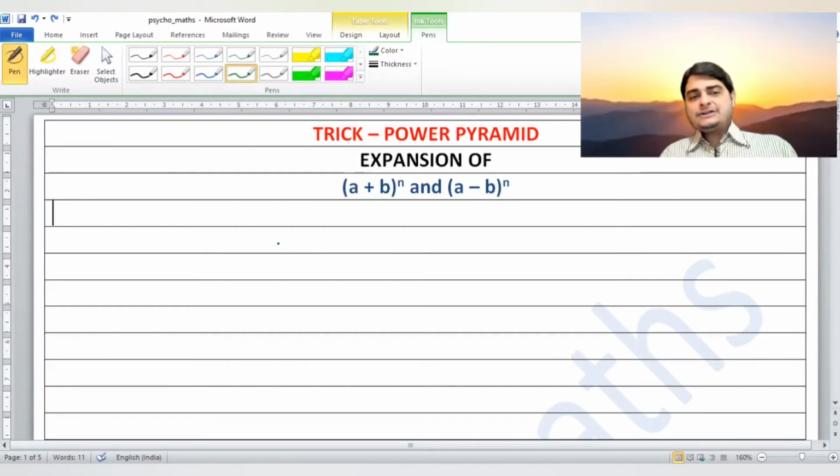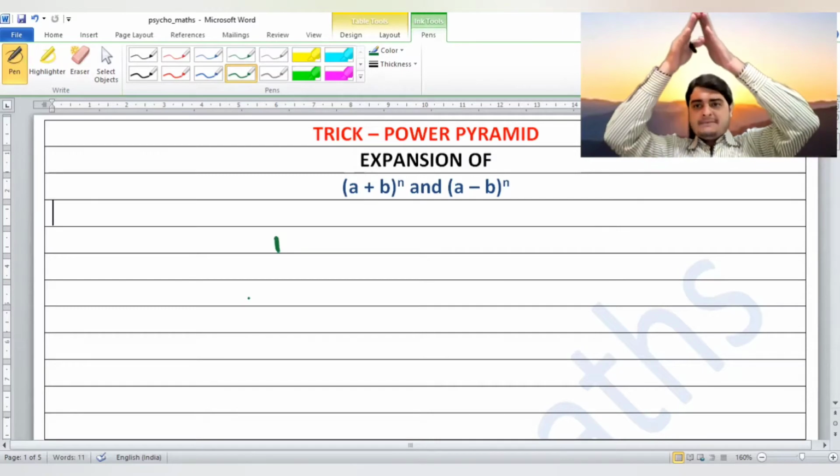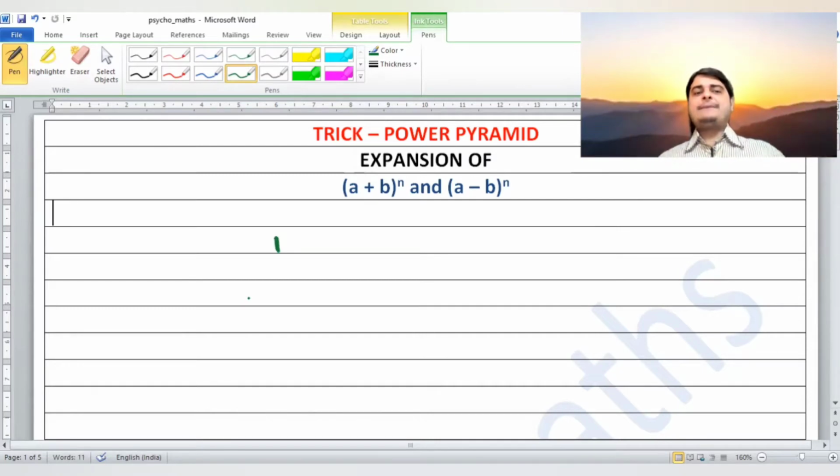Now at the top we will be starting with 1. And then, as we know, pyramid always follows a triangular pattern. So in the second line, we will be going with 1 and 1.